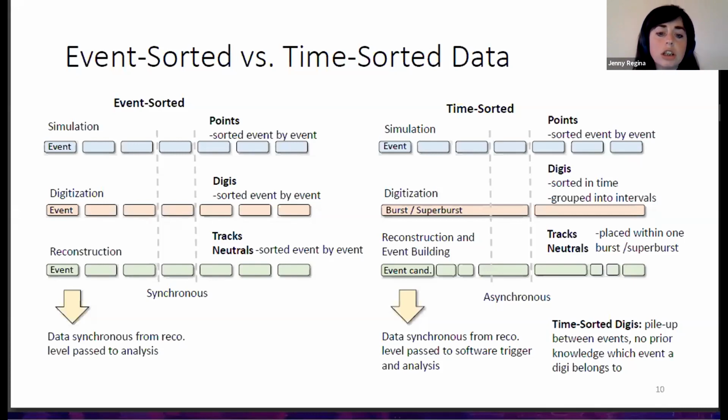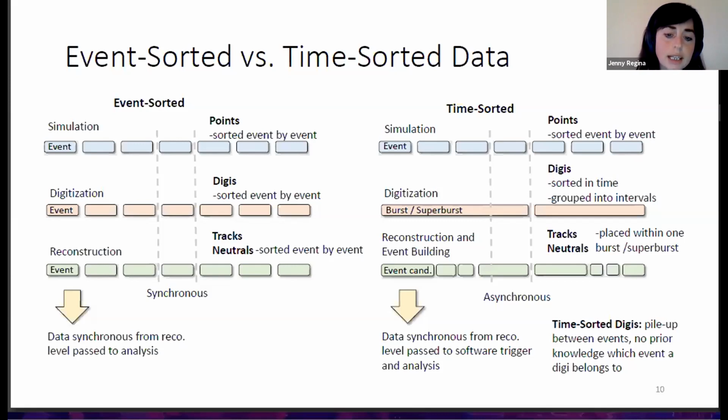And as a result of this, the tracks, when you have reconstructed them from time sorted digits, will also not be synchronous with the events, but they will occur in different track candidates, or even as event candidates if you perform the event building simultaneously, and they will be placed within these bunches or bursts, as we call them.